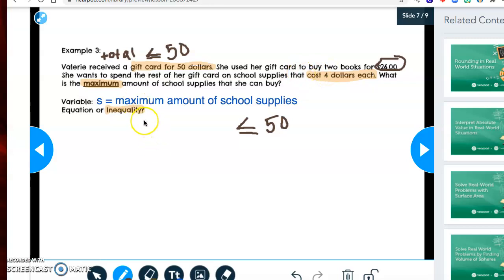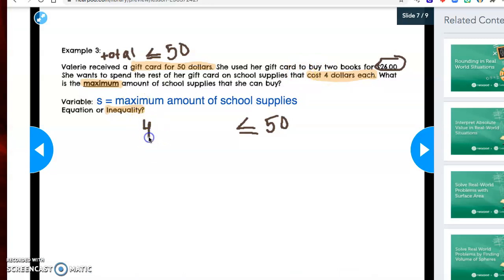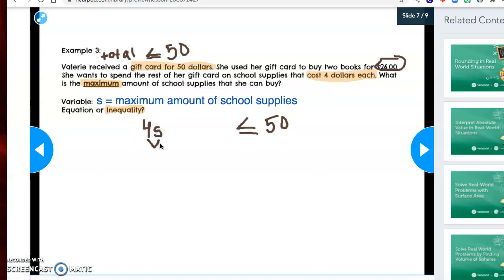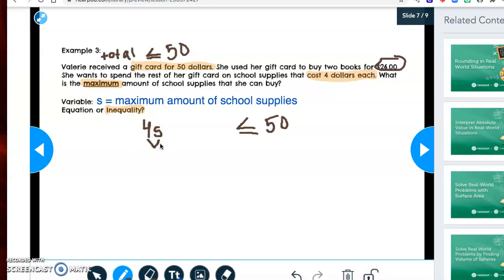So the first thing I know is that each school supply costs $4, which means if we wanted to figure out how much she spent on school supplies, we would have to multiply the cost with however many school supplies she wants to buy. So that would be 4S, because that would give me how much she ends up spending on the school supplies.